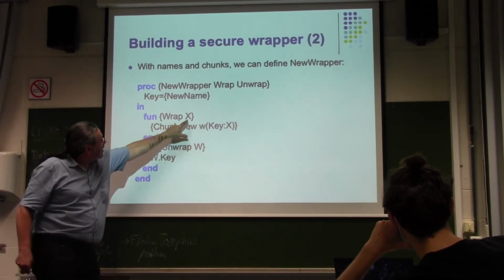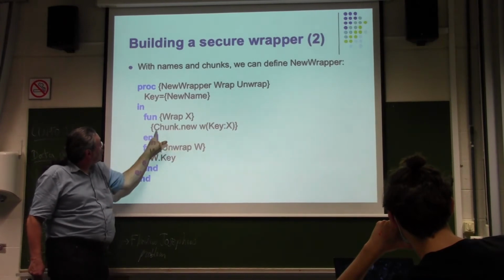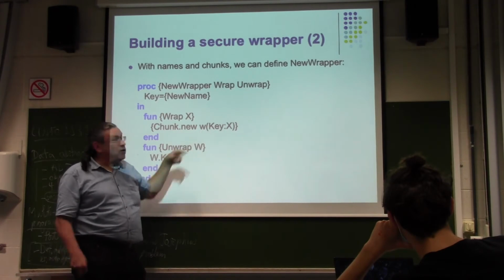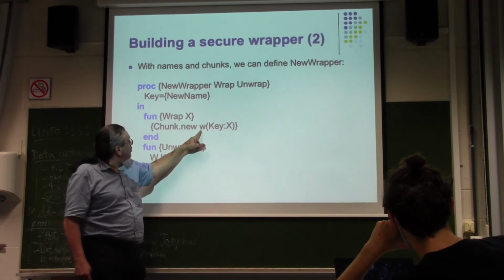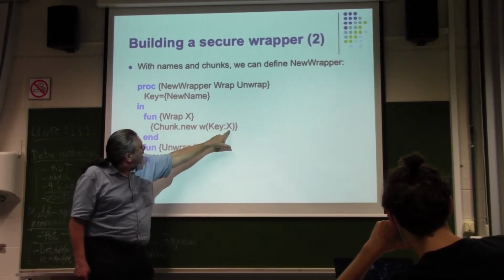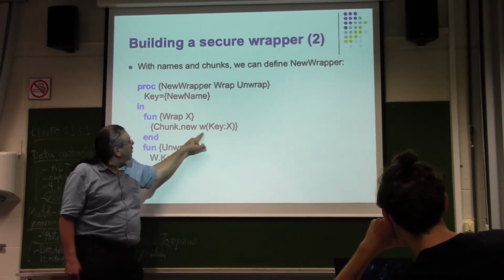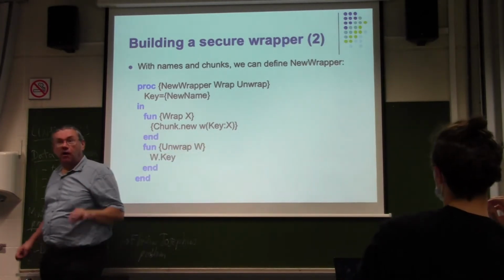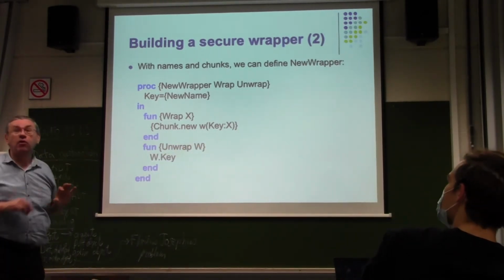So wrap of X will create a chunk, but it will have a record. So I use a very simple record here. A W, which is the label, key is the field, colon X. So it's a record with only one field, which is key. But you can add more information if you want. You can add metadata, you can make this more complicated.